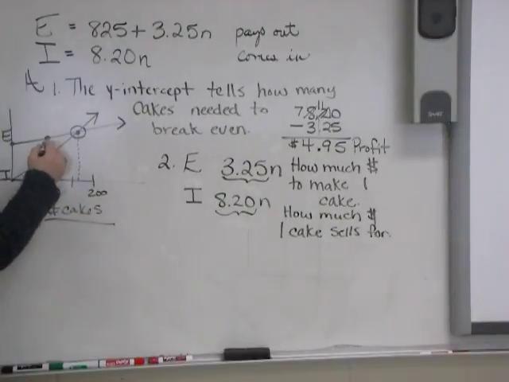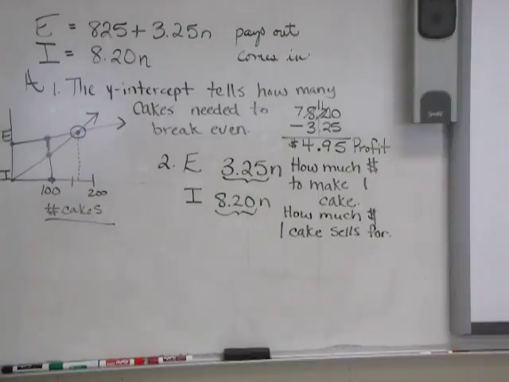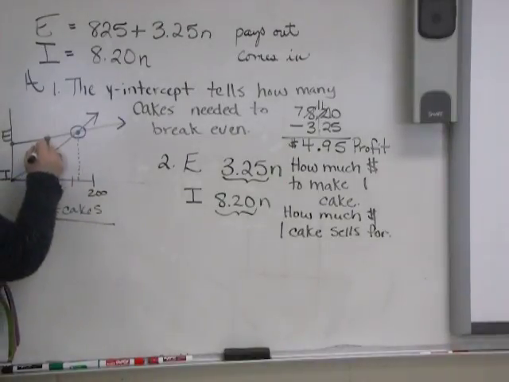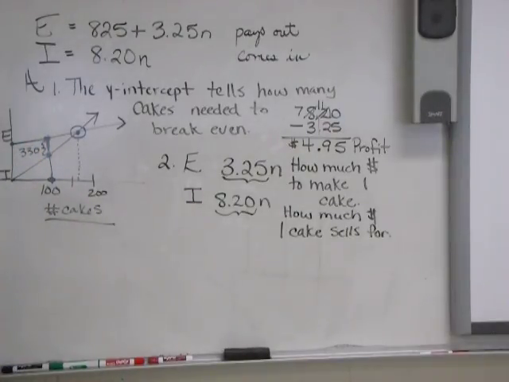And I can still go up 100 cakes and see how much it cost him to make those 100. So there is that difference right here in what it cost him to make it and what he's going to sell them for. They've already done that math for you. It says that there's a $330 difference there. So that's just looking forward into what it's going to take to determine the answers to Part B.